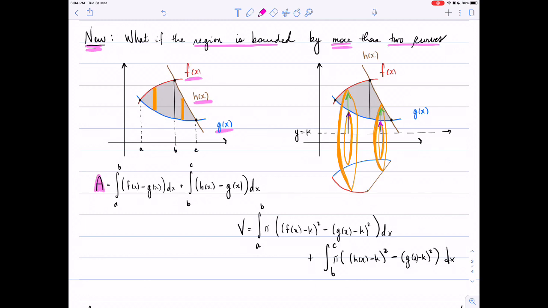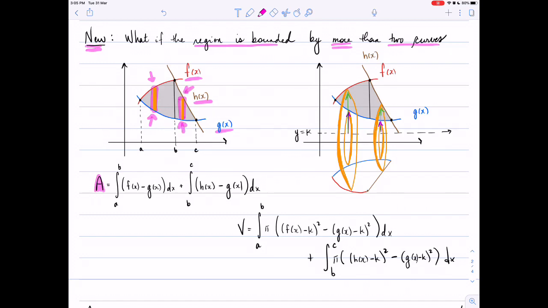We imagined that we were drawing our rectangles for Riemann sums. And for those rectangles, we had to look at the top value minus the bottom value. And in different parts of the region, the top value landed on different curves.